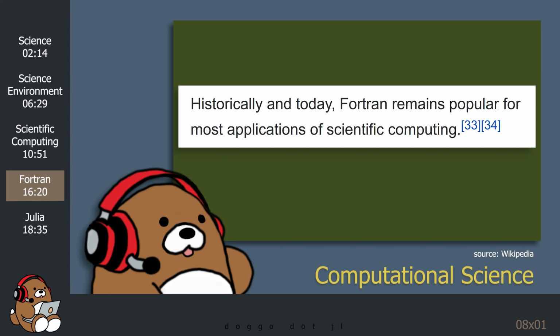For example, this Wikipedia article on computational science asserts that, historically and today, Fortran remains popular for most applications of scientific computing. This quote is accompanied by 2 footnotes, neither of which provides any data regarding how such a claim can be made.